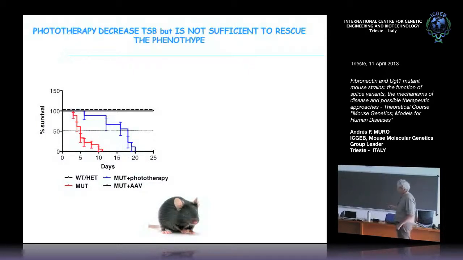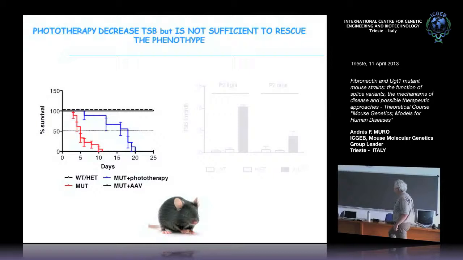The survival was the same as the wild-type animals, so we were very happy about that. We obtained full recovery of the animals: 100% of the animals survived when they were treated with AAV expressing the wild-type gene.